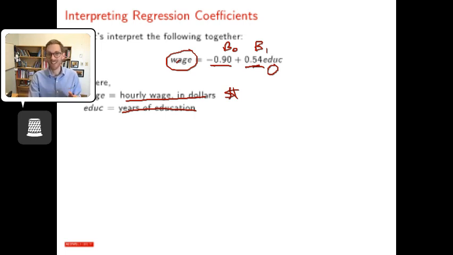Since our sample generally doesn't have people with 0 years of education, or if it does, it doesn't have great estimates on it, a lot of our data is going to lie with people that have positive values. We can talk about this more in class, but the idea is that the straight line can predict for any level of education, and in some senses you get a wage return that's a little bit nonsensical.